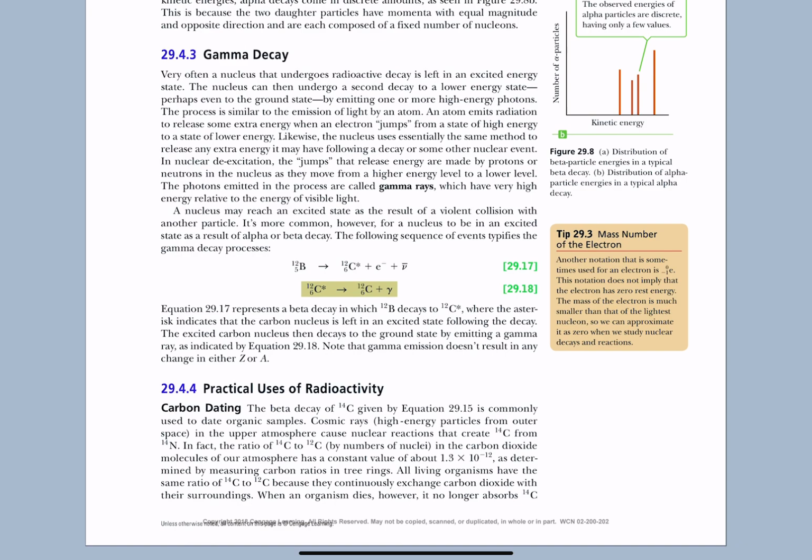Now, the way that we indicate this, if we look down here at the highlighted equation 29.18, you have the carbon atom, carbon 12, but it's got a little asterisk by it. That little asterisk means it's metastable. It's not stable, but it's metastable. It's energized. It's got a little bit of extra energy. Or we could say it has ADD, so to speak.